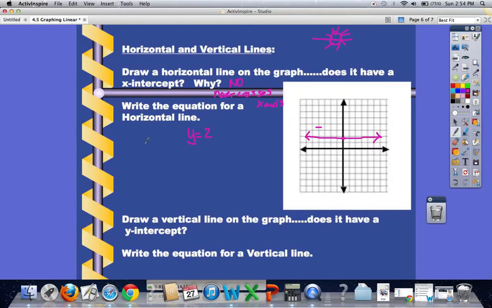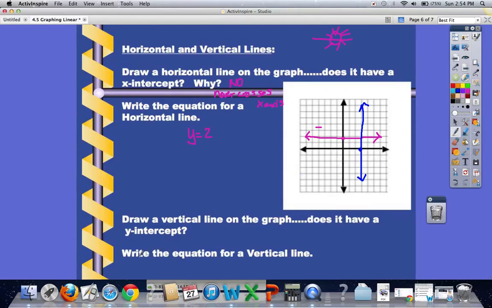All right, now we need to draw, let's change my color, a vertical line. Vertical means up and down. Okay, does it have a y-intercept? So I'm going to come over here and draw a vertical line through here. All right, so my vertical line goes through point 1, 2, 3 right there.